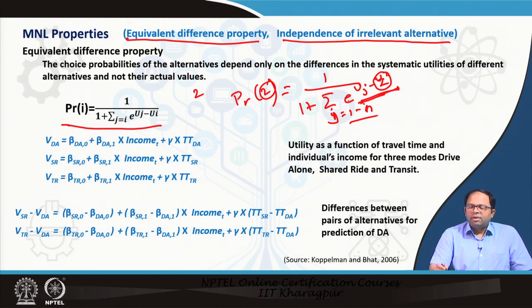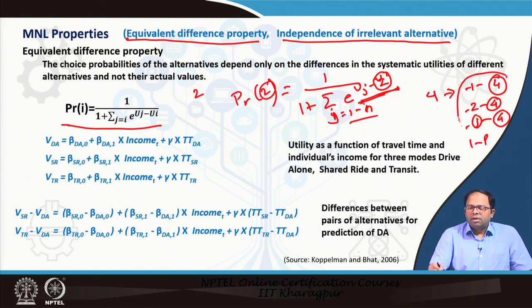So, if I have 4 modes, my probabilities would be the probability of 1 with respect to 4, if I make 4 the reference category, or the probability of 2 with respect to 4 and the probability of 3 with respect to 4. So, if I know the probability of 1, 2, 3, then automatically 1 minus the probability of 1, probability of 2, probability of 3 gives me the probability of 4.